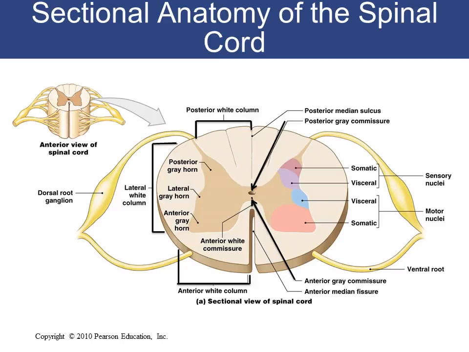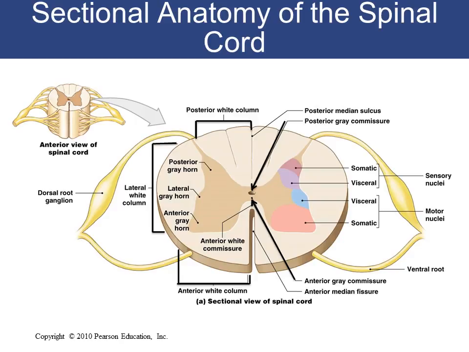So each spinal cord segment has a dorsal root ganglion that contains the cell bodies of the sensory neurons, and the axons of these neurons from the dorsal root ganglion enter the spinal cord through the dorsal root. And we have the ventral root that contains the axons of the motor neurons, and these two merge and this nerve exits the spinal cord through the intervertebral foramina.